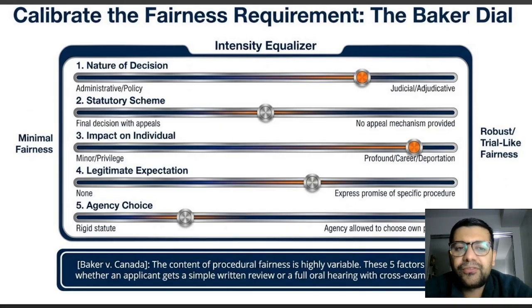So maximum fairness is owed because it's about livelihood. But if it's about, let's say, a license renewal where they cannot renew the license for the next 15 days or so, then minimum procedural fairness is owed.